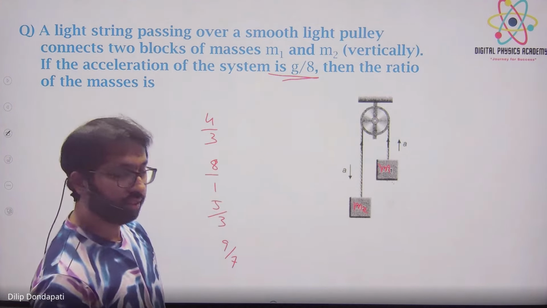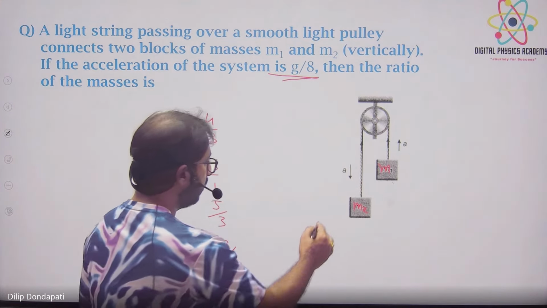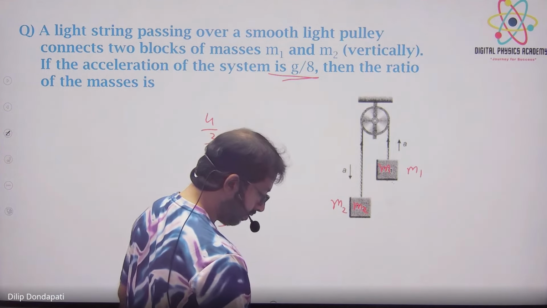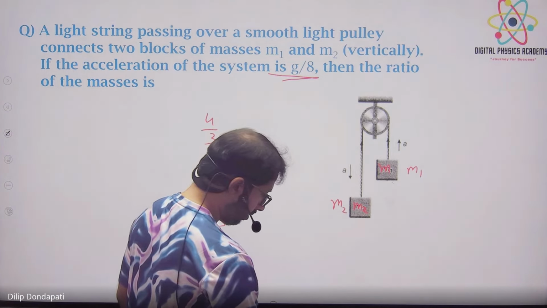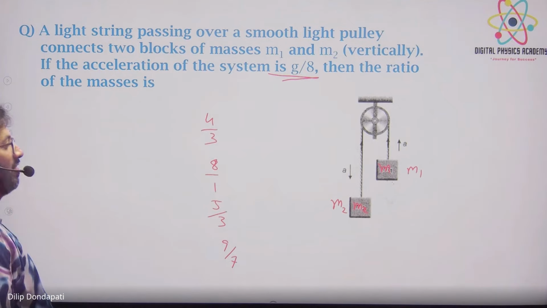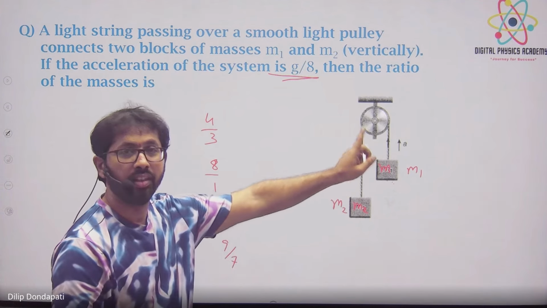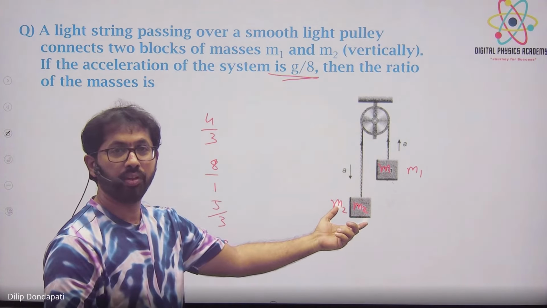Okay. Sir, 9/7. We'll see. Sir, which mass should we assume bigger? See, here the acceleration is given as going down, that means this is bigger only.